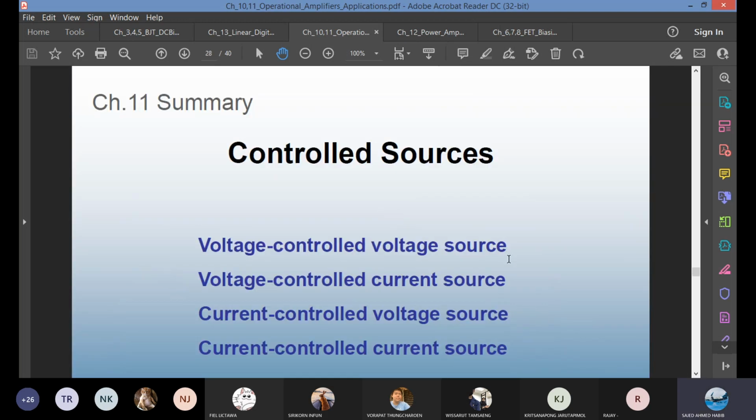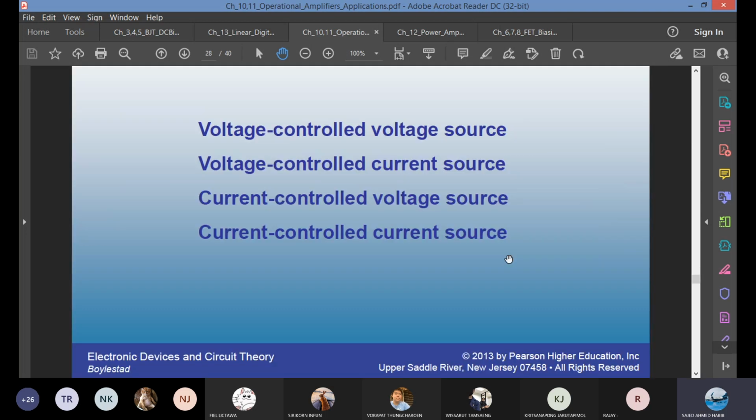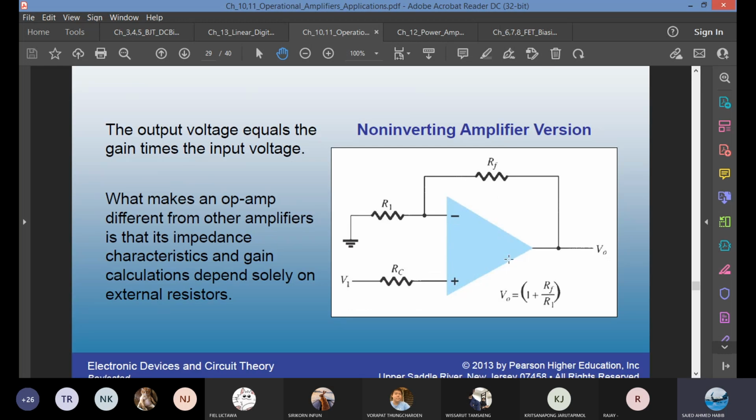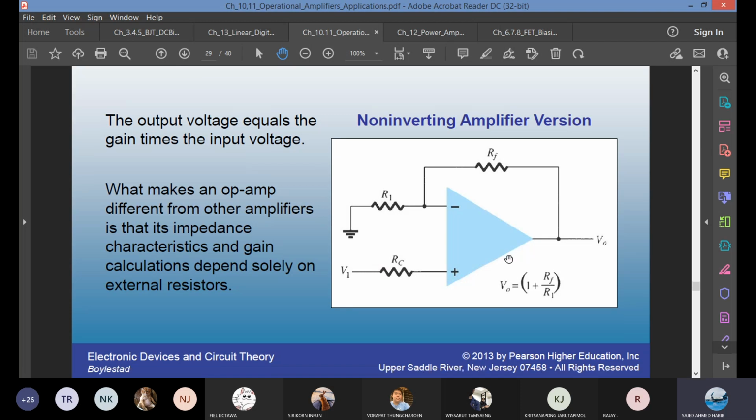We use op amps to create controlled voltage sources and current sources. In this case, nothing changed in terms of the hardware or the circuit analysis, but just changing the output equation in such a way that you can see one is the controlling input, the other one is the output.